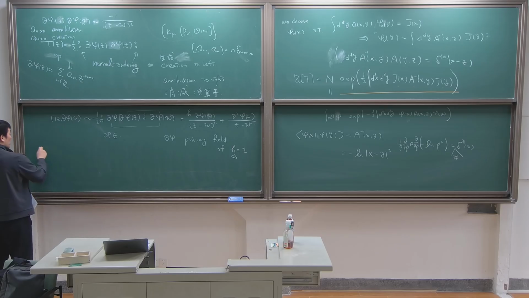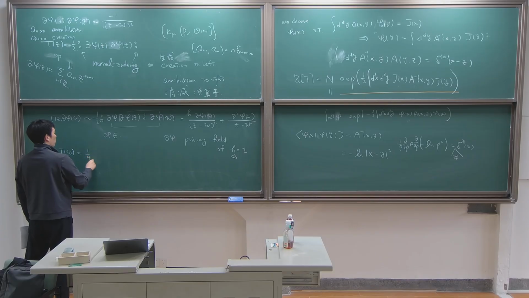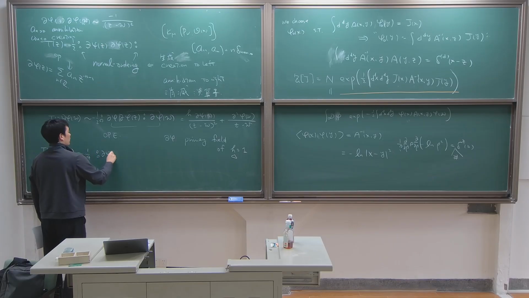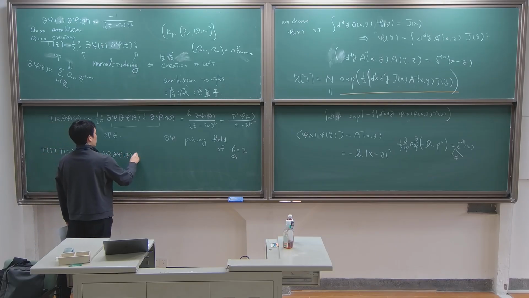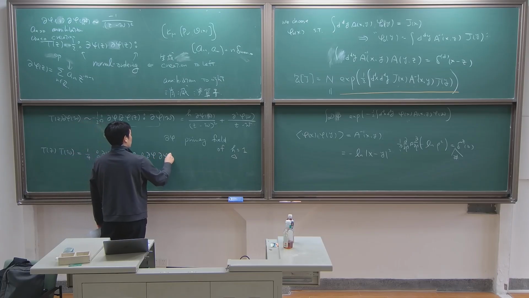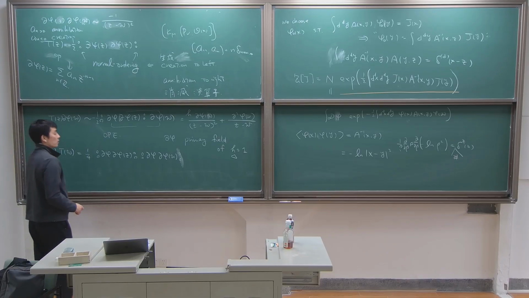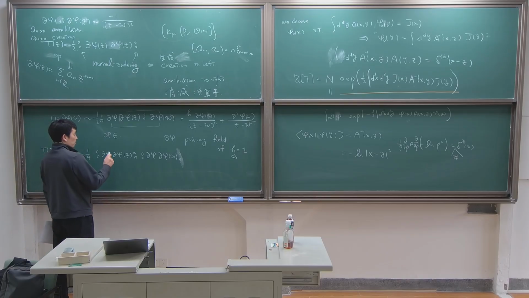And then T of Z, T of W is equal to 1 over 4 del phi of Z, del phi of W. Then we do the weak contraction like this way.